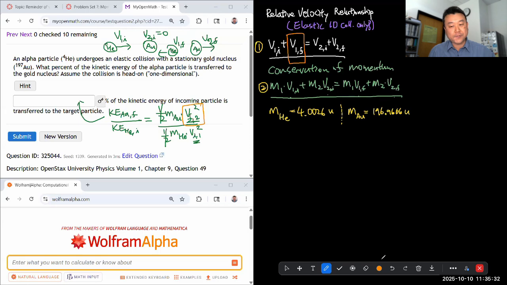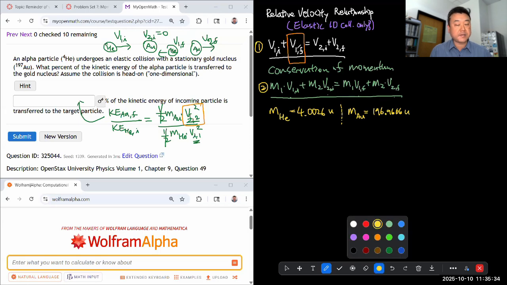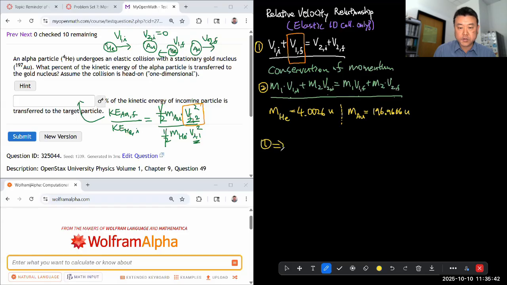That's the currently unknown speed of the helium particle after the collision. So solving for that, out of equation 1, I have V1 final is equal to V2 initial plus V2 final minus V1 initial. Simple. Plug that into the conservation of momentum equation.